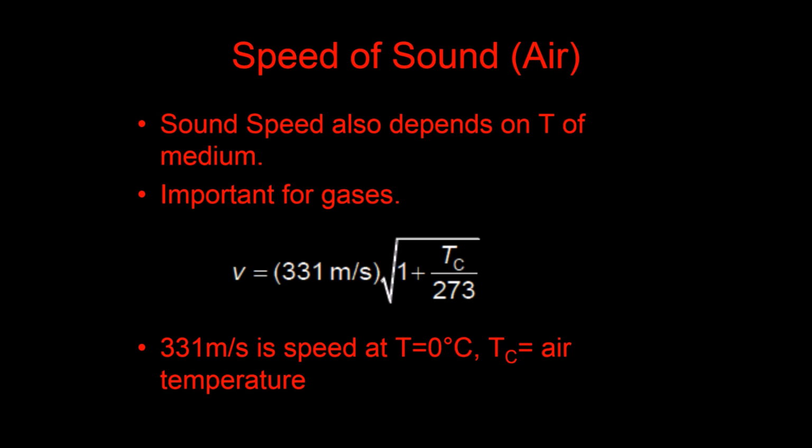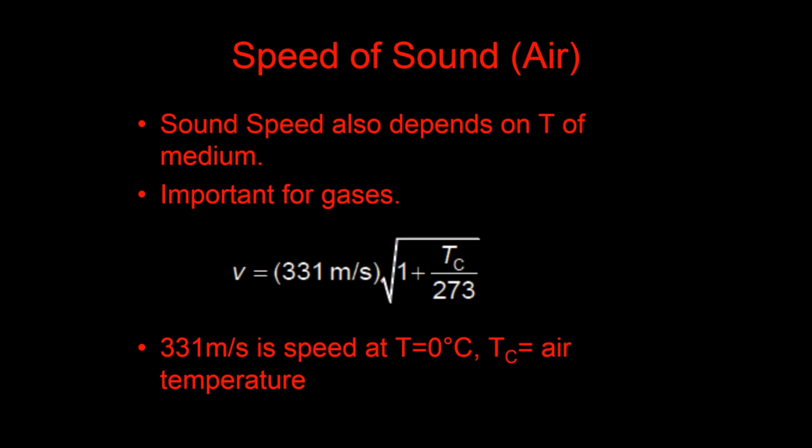So, in terms of gases, here we can see a sound speed, v, will be equal to 331 meters per second times the root of 1 plus temperature in Celsius over 273. This relates to the Kelvin scale, which directly accounts for the thermal motion of particles in a material.